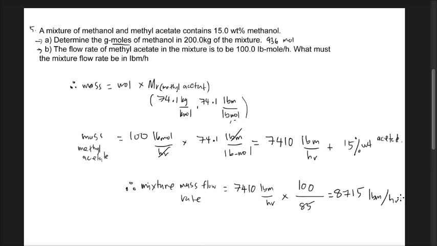Alright, so that's logical because 7,410 is 85%. You add up the extra 15%, so it'll be 8,715. Alright, so that's question 5. We'll move to the next question.